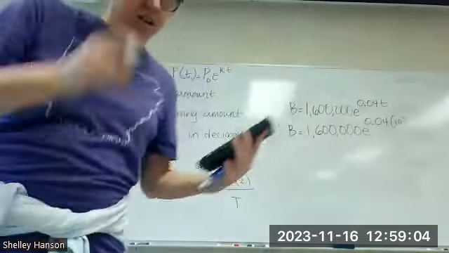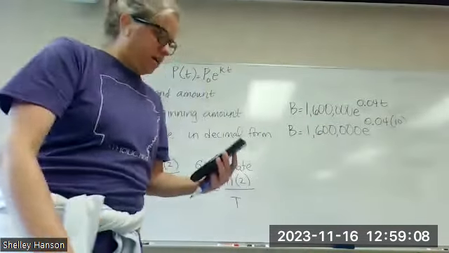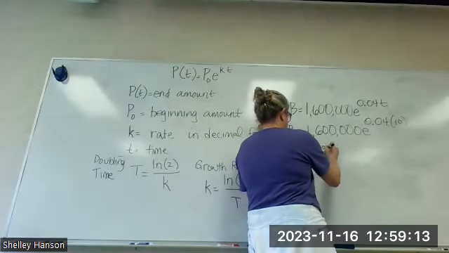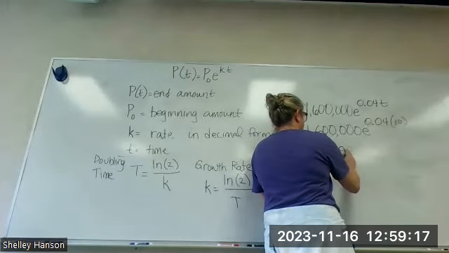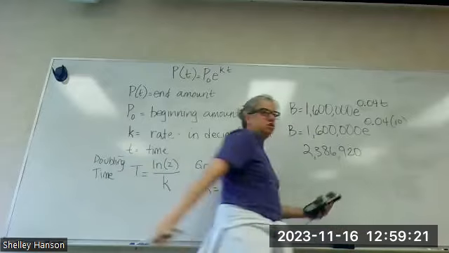And then round that to the nearest whole number, which will be 2,386,920, because it's 0.5, so the 19 will round up to 20.